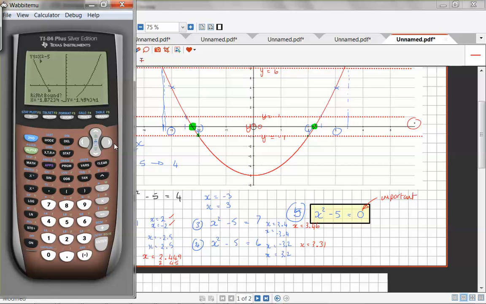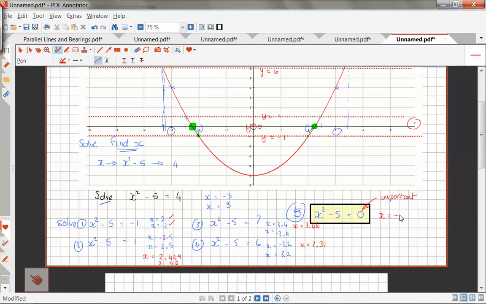Doesn't matter exactly how far. Press enter. You notice the two arrows. Now it's only going to look between those two points for a 0. I press enter, and it tells me that my answer is 2.2. So x equals minus 2.23, and the other one would be x equals positive 2.23.